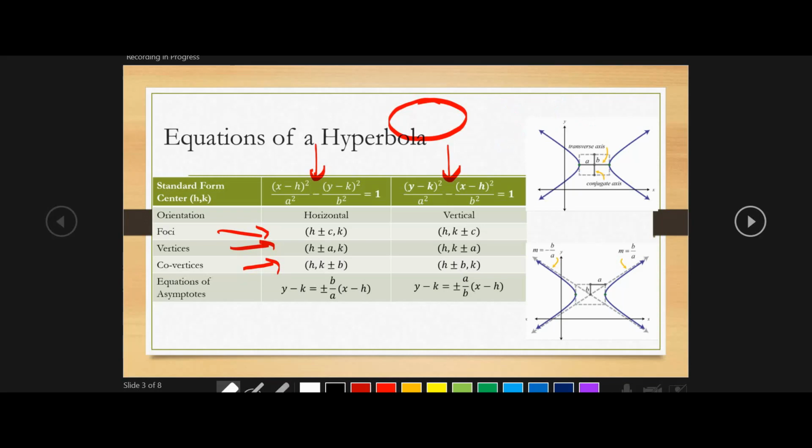Anyway, all of the other things are the same: the foci, the radius, the vertices and the co-vertices. But there is going to be a difference in terms of how the graph comes out. So let me elaborate on that.